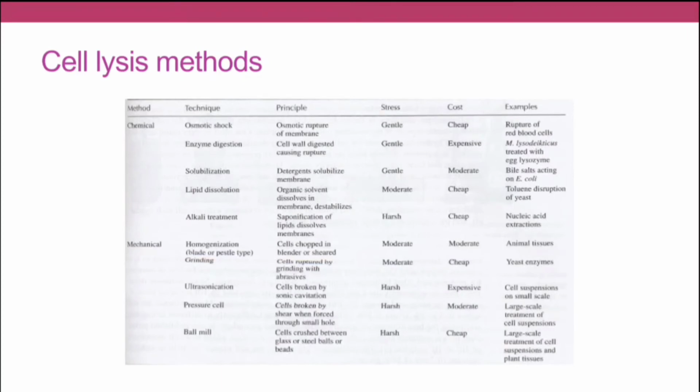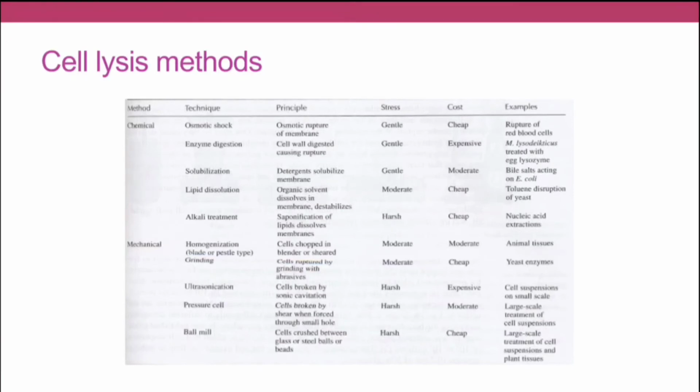You can see in this table, in the chemical treatment, the technique used is osmotic shock treatment, and the principle is osmotic rupture of the membrane. The stress is gentle and the cost is very cheap, and it causes rupture of the RBCs. Second is enzyme digestion, where the cell wall is digested, causing the rupture.